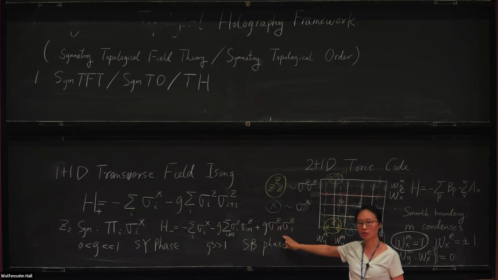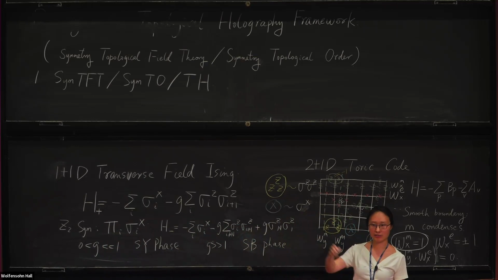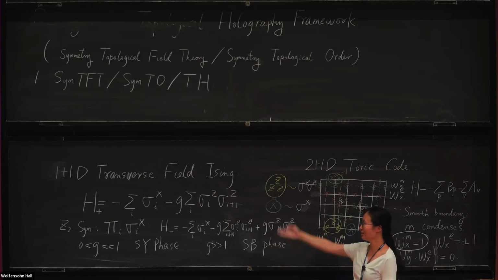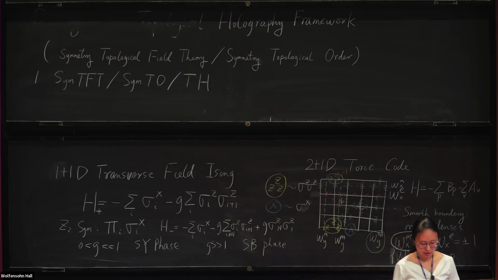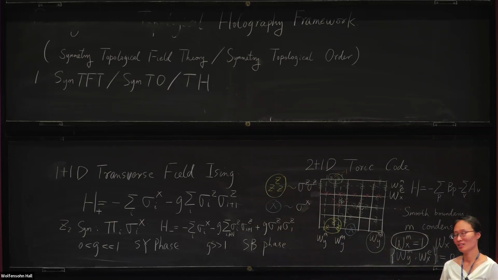So this is what we mean when we say we add a flux to the Ising chain. You see that in the transverse field Ising model and in all of these models we consider, the flux sector is obtained by modifying the Hamiltonian along a defect line.